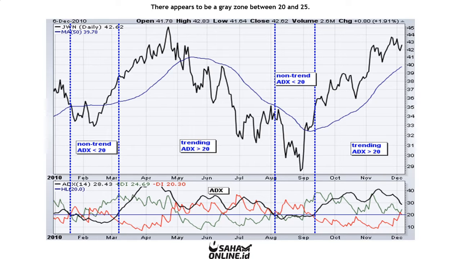There appears to be a gray zone between 20 and 25. As noted above, chartists may need to adjust the settings to increase sensitivity and signals. ADX also has a fair amount of lag because of all the smoothing techniques. Many technical analysts use 20 as the key level for ADX.